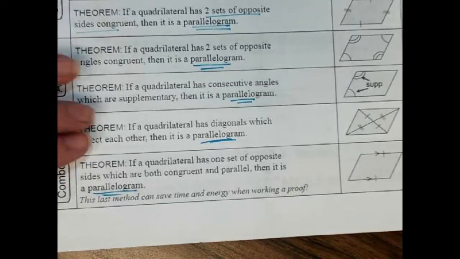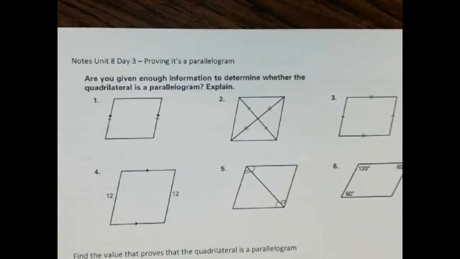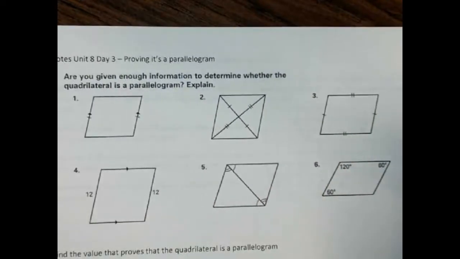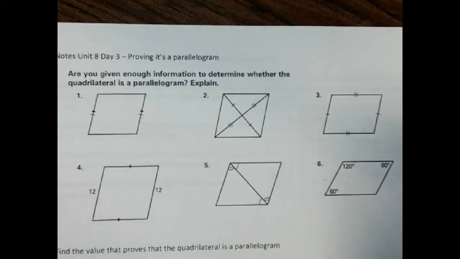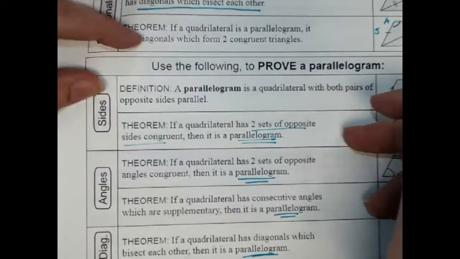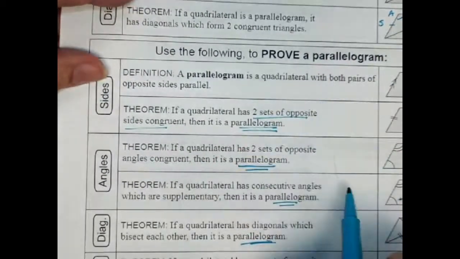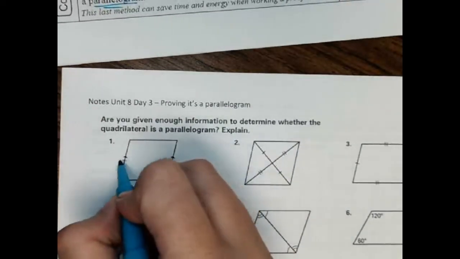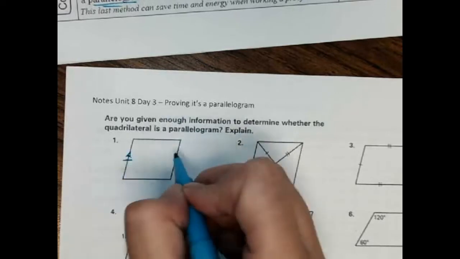Okay, so let's look at our notes now. Over here, it says, are you given enough information to determine whether the quadrilateral is a parallelogram, and explain? What we're going to do is look at these and ask, does it tell us one of these things right here? Well, this first one says this side is congruent and this set of sides is parallel.